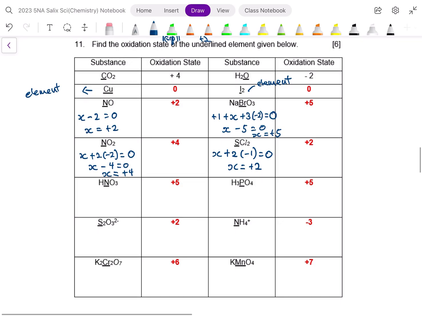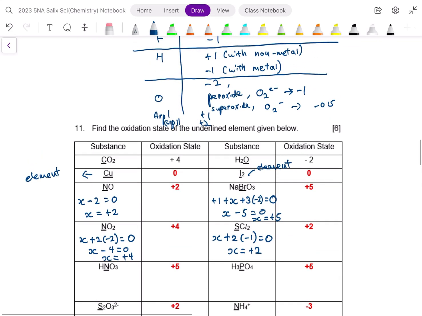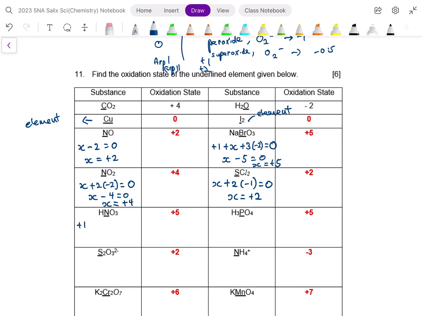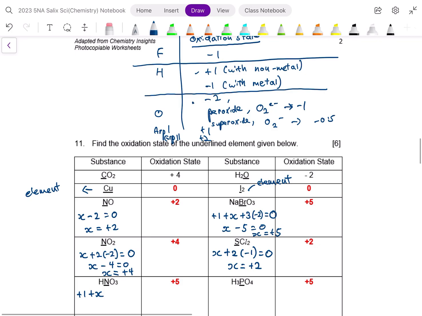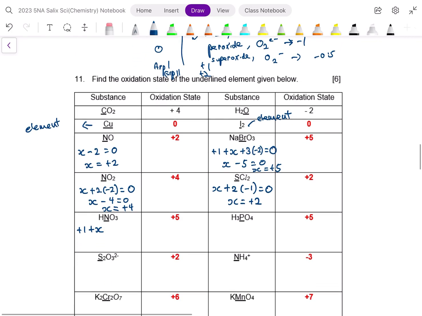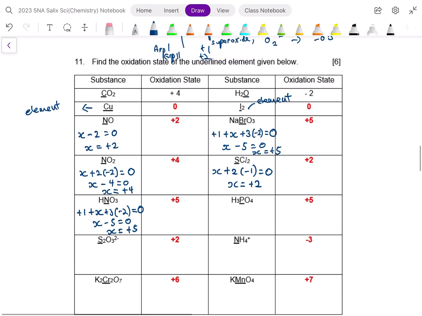Then let's look at the nitric acid case, HNO3. Your hydrogen is +1. Then I have nitrogen, which I let be X. Then I have 3 oxygen, each oxygen is -2, the normal oxygen. If you work it out, X is +5.